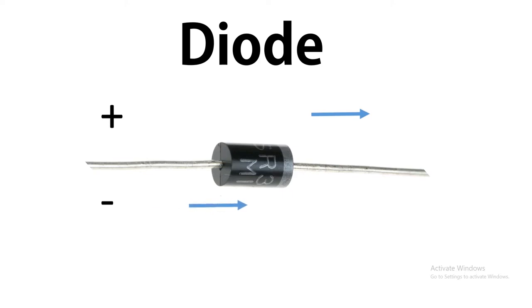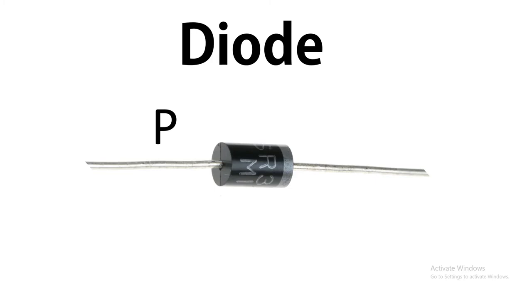The diode is not allowing this current because it allows a DC current at one side and blocks at the other side. Similarly, the positive current is not able to pass from the negative side, but the negative current is able to flow from the negative side to positive.